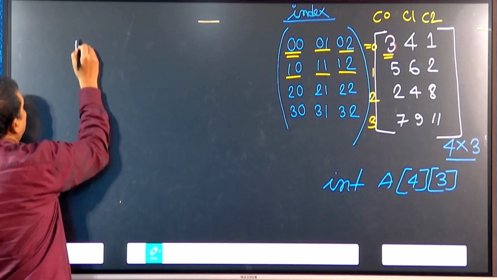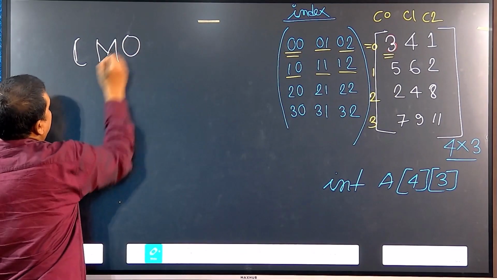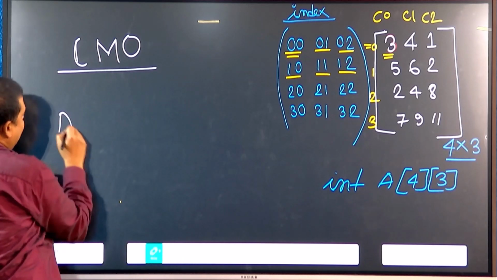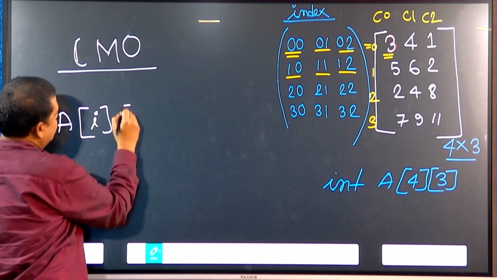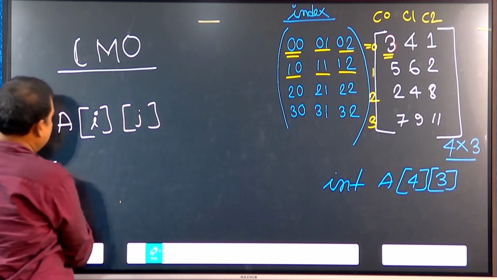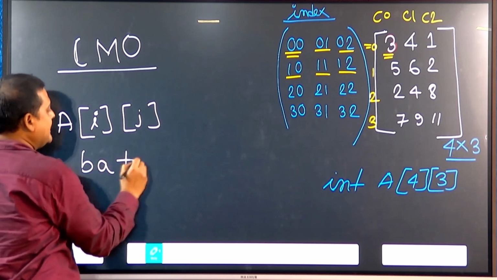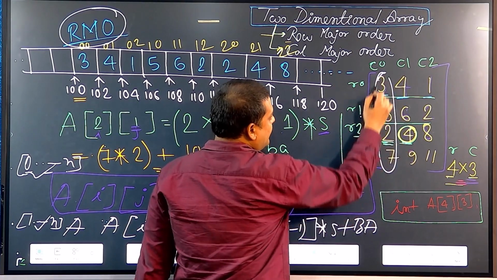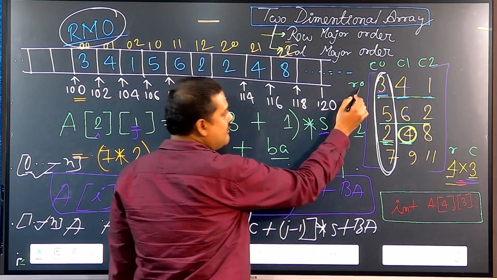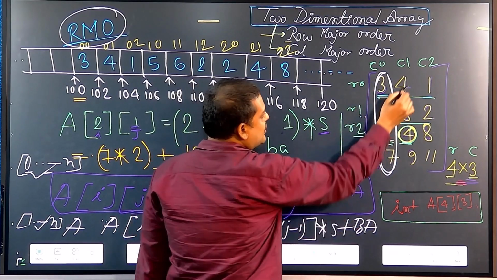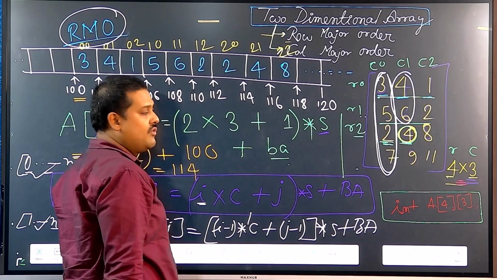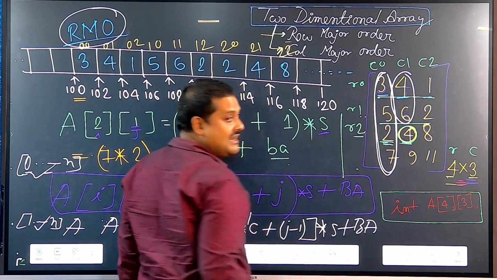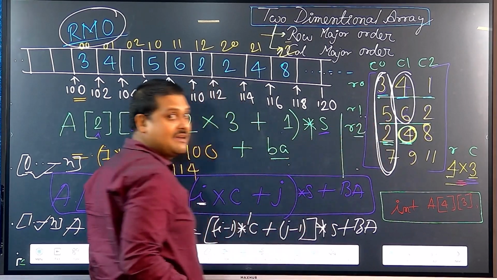If we store all these elements in that form, then we have A of I and J. Again the base address plus, since the elements are stored like this, if I have to reach 4, then I traverse first the column number into the number of rows plus the row value. So 1, 2, 3, 4, 5, 6 elements I have to traverse.